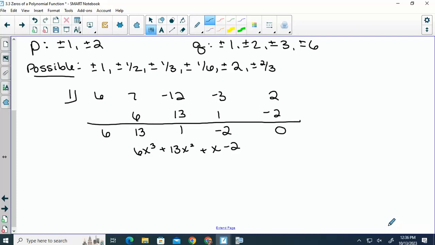You can keep plugging them into the original, or you can plug them into this one now. It's the same list of possible zeros, so we just keep plugging them into here. Just because if one already worked, it could work again, so you would still check 1 again, but we need another 0 that works for this polynomial.